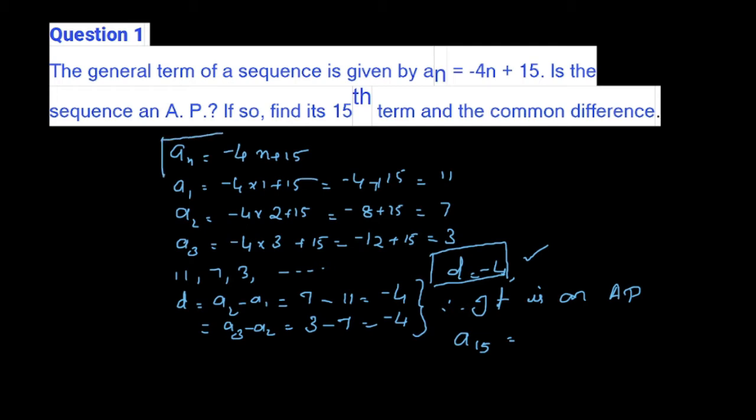So by substituting n is equal to 15, we will get this A15. So it is minus 4 into 15 plus 15, right? So what is minus 4 into 15? That is minus 60. Minus 60 plus 15 is equal to minus 45. So the 15th term is minus 45.